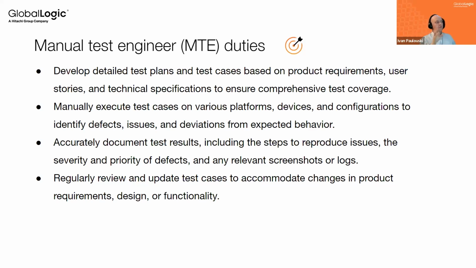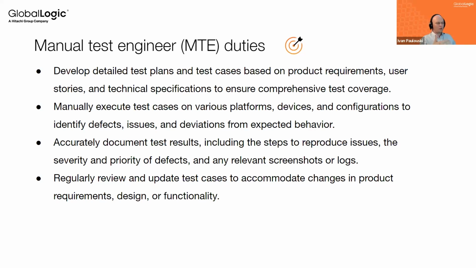Review process. As a manual test engineer, you need to review, participate in reviews, and update test cases to accommodate changes in the product, requirements, design, or functionality. In almost each case, the business of our client is very dynamic, and the requirements related to our product will change depending on the business dynamics.